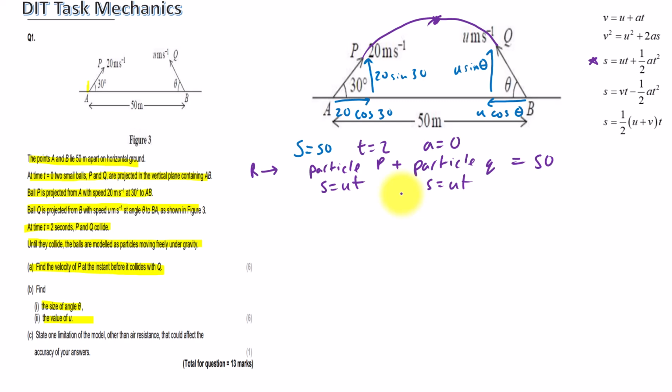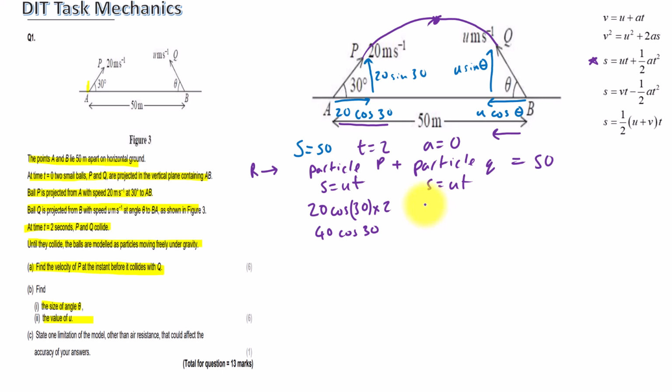So from before, our particle P's distance travelled is going to be 20 cos 30 times 2, which will give us 40 cos 30. Our Q is now, we take this way as positive for Q because that's the distance it travels.